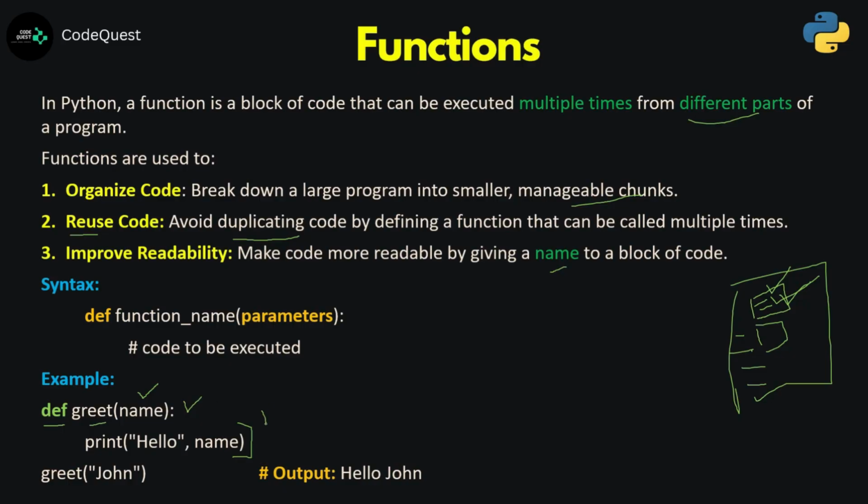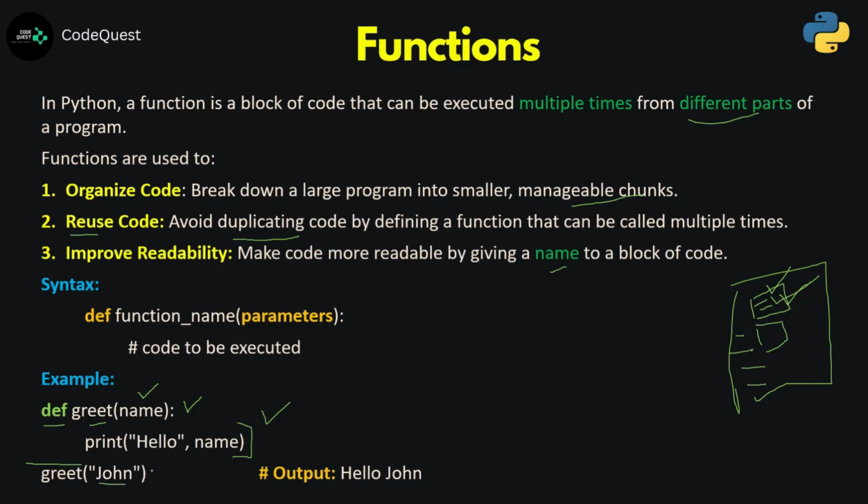Now, once we have defined the function, it will not execute automatically. You have to call it. While calling a function, I will be using the name of the function, here let's say greet, and as per the required number of parameters, I am passing a parameter.